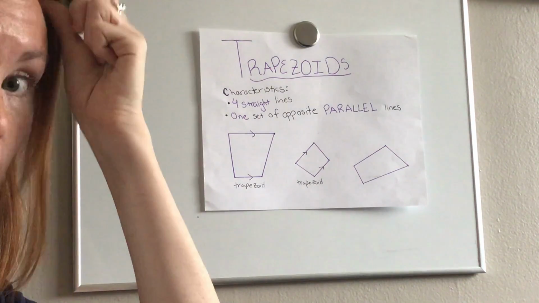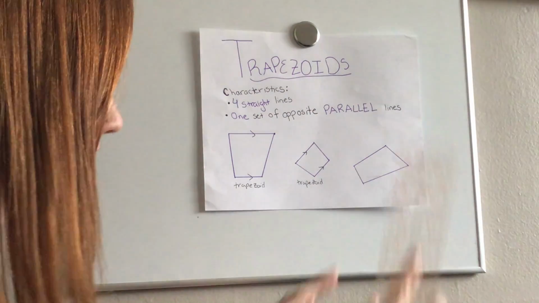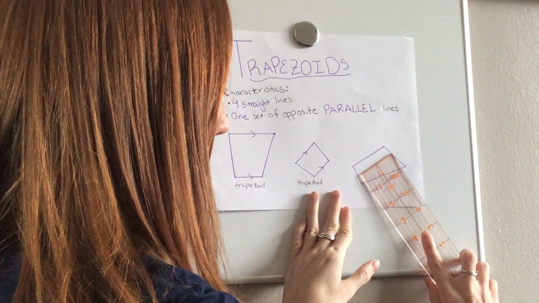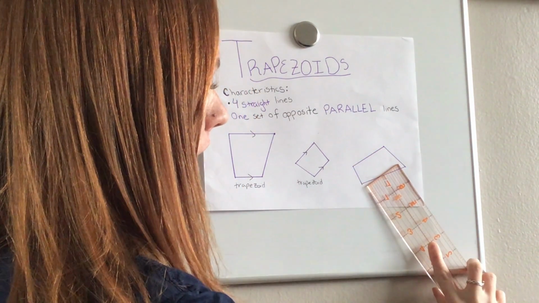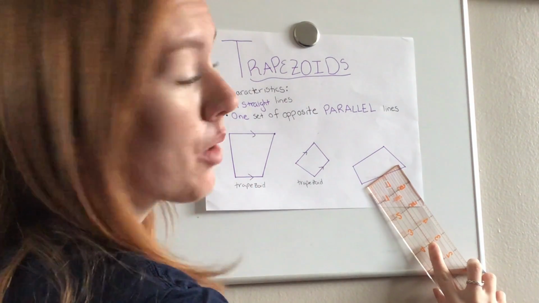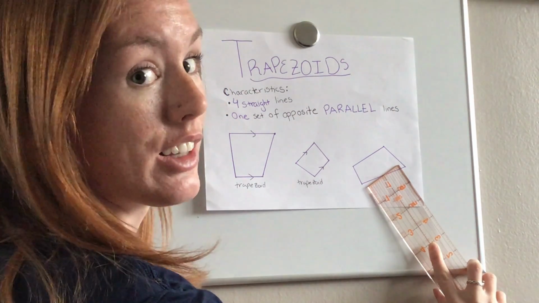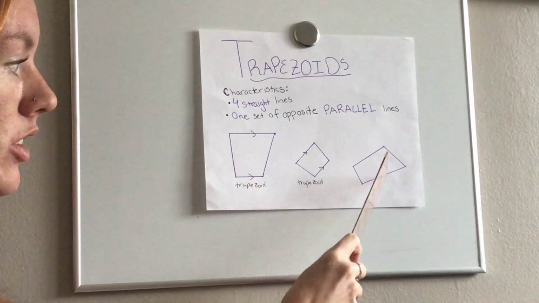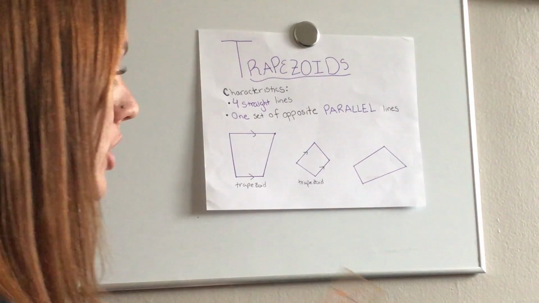Now let's check our last shape. I'm going to take my straight edge, hold it along the top, move it down. Already I can see that they're not parallel because my straight edge doesn't line up perfectly. So these 2 lines are not parallel. So let's try the other 2.